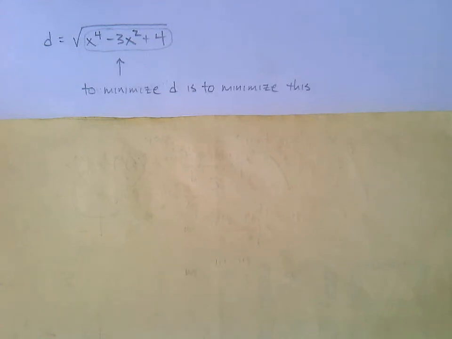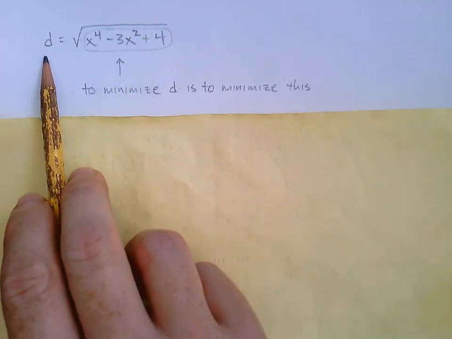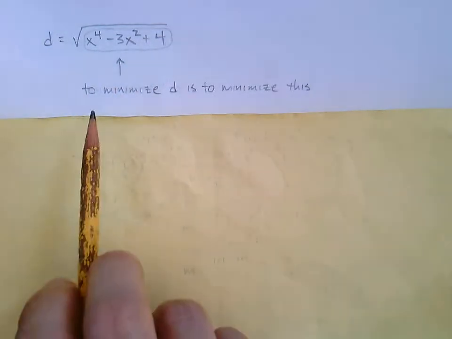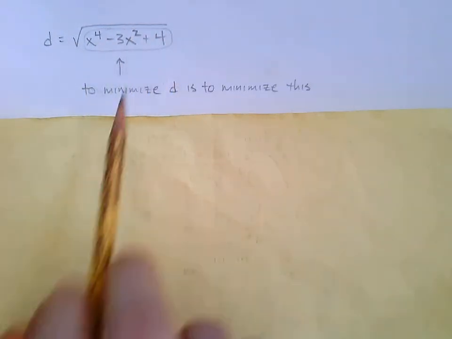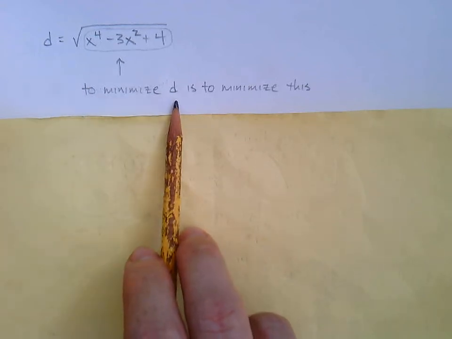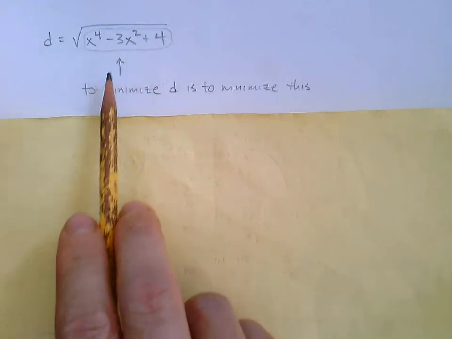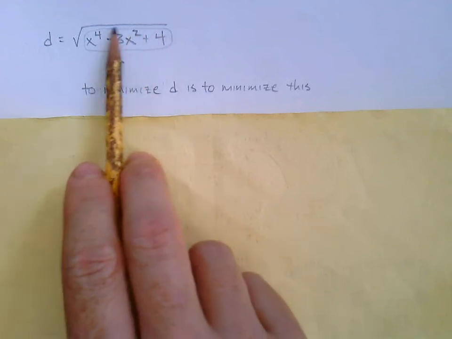Okay, what are we trying to do? We're trying to find the value of x that minimizes the distance, right? Well, think about just what's inside that square root. If we want to minimize the distance, don't we just need to minimize what's inside here? To minimize d is simply to minimize what's inside the square root.